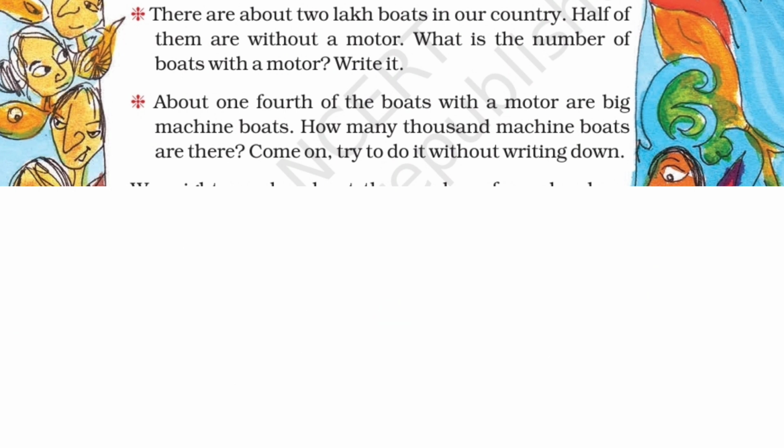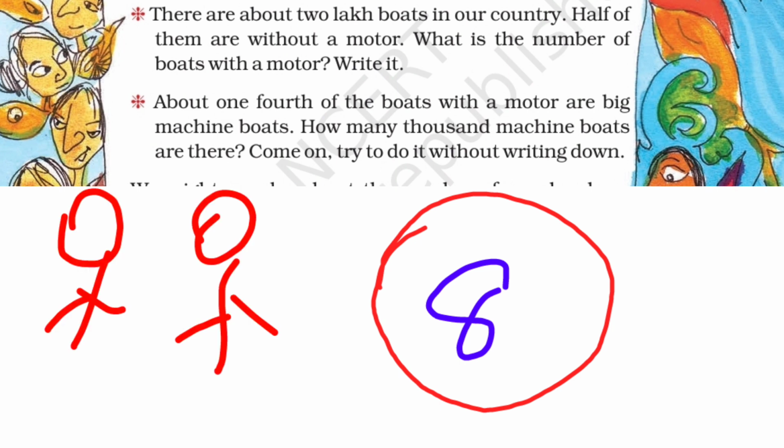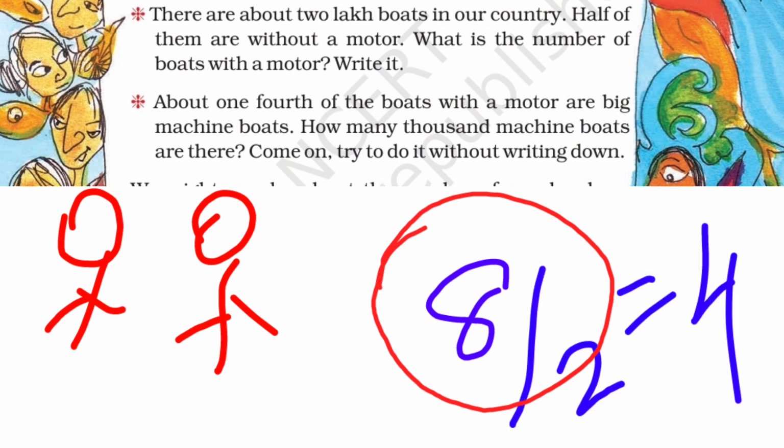Next question: about 1/4 of boats with a motor are big machine boats. How many thousand machine boats are there? Let's find out what 1/4 is first. Imagine that I have 8 rupees and I have to divide it equally between two brothers. I will divide 8 by 2, which is 4.